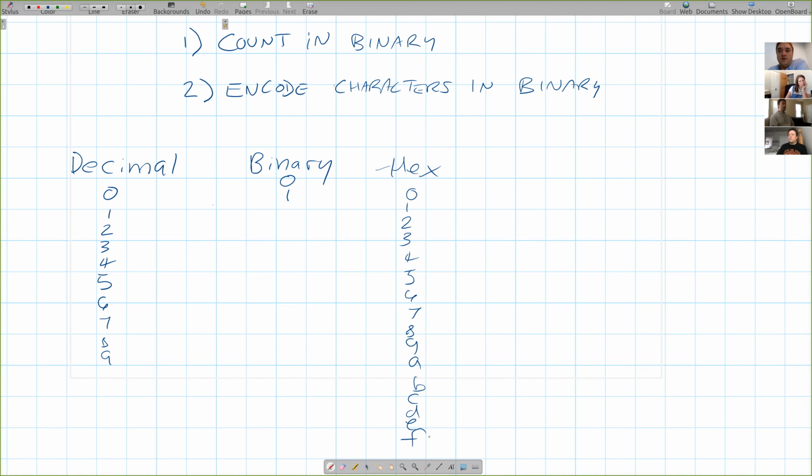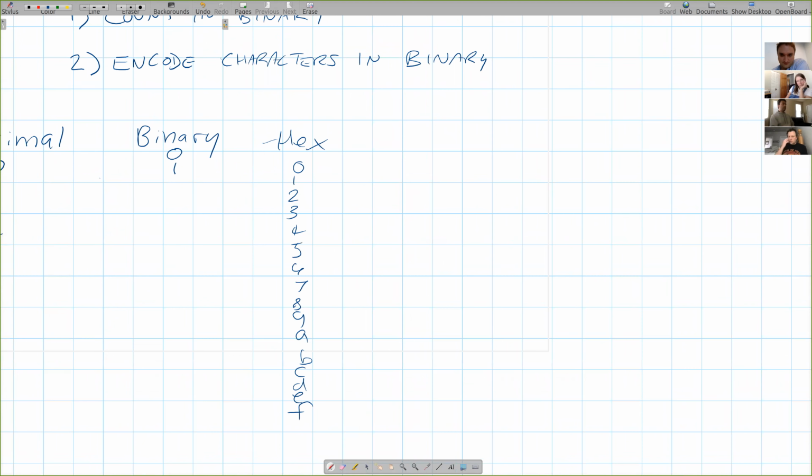Something that's shared with all of these counting systems is the idea of places. So if I write 25,323, then we have a ones place and a tens place and a hundreds place and a thousands place and a 10,000s place.